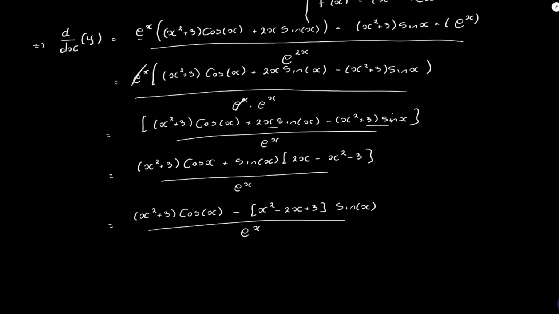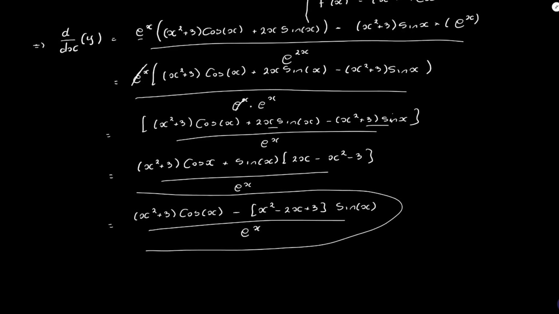So what do we observe? We observe that after replacing our terms and simplifying, we're able to obtain this function, which is the derivative with respect to x of our function y.